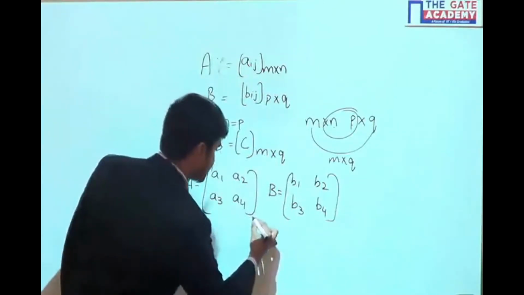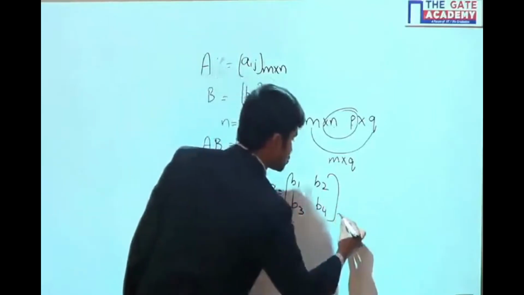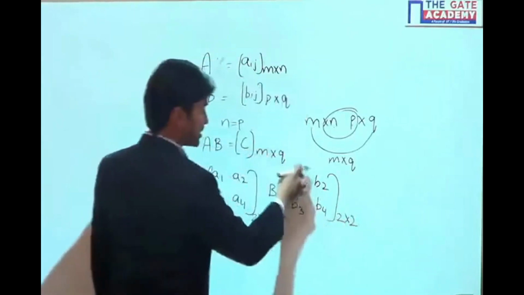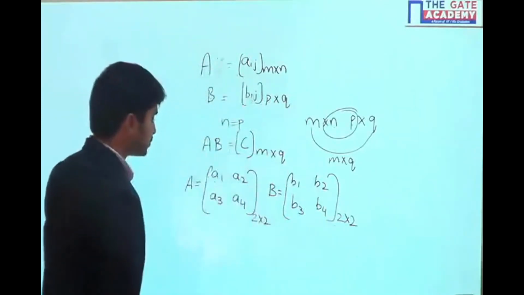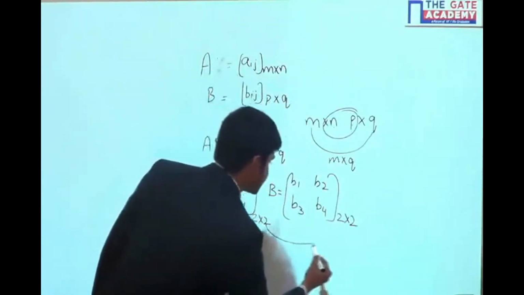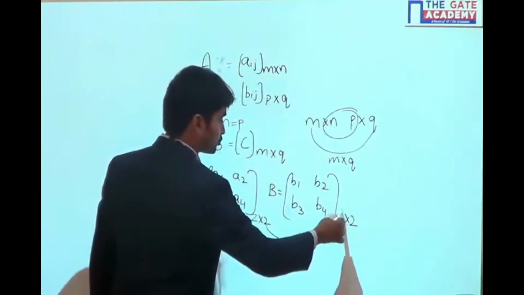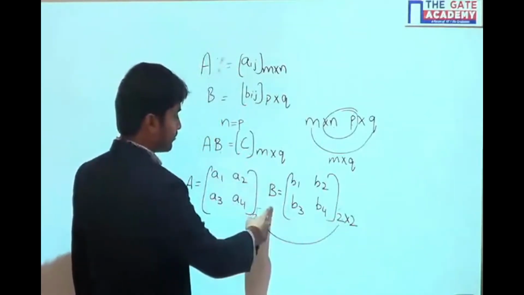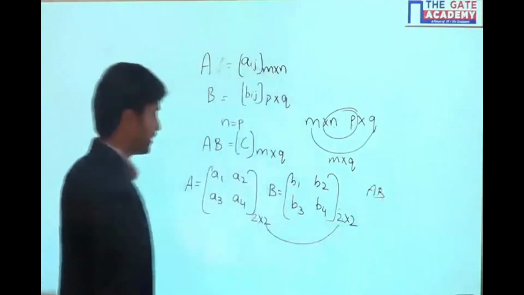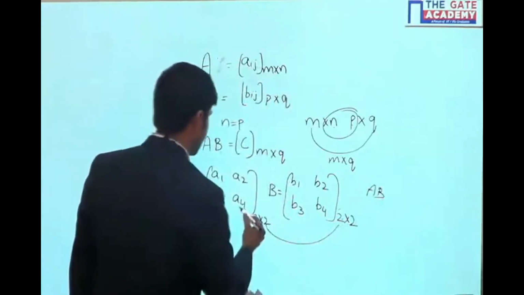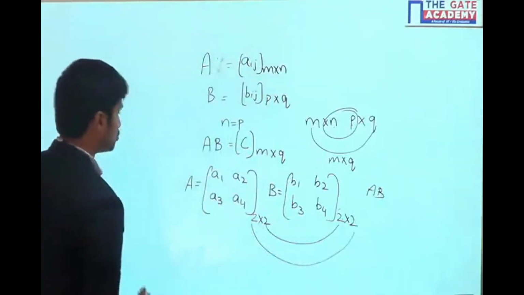The size of matrix A is 2 cross 2, and the size of matrix B is 2 cross 2, where 2 is the number of rows and the other 2 is the number of columns. Because the number of columns of A is equal to the number of rows of B, we can multiply both the matrices and have AB. It will result in a matrix again of size 2 cross 2.